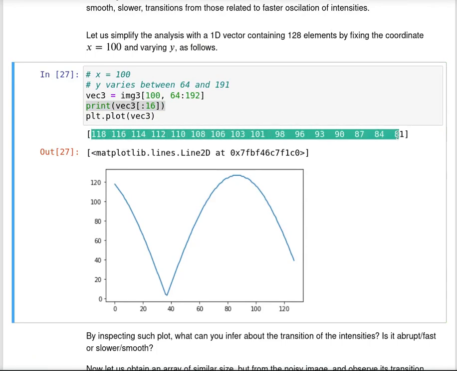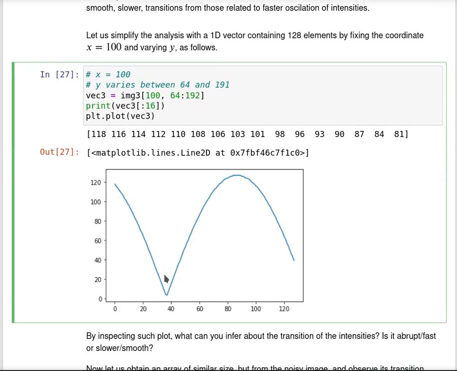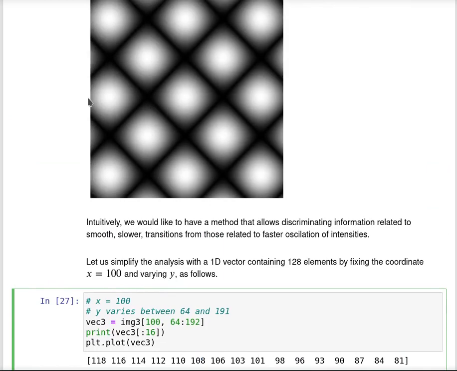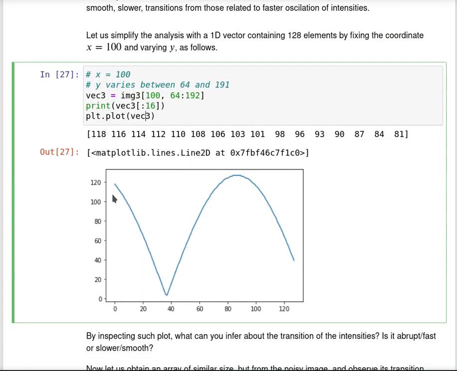And then when I plot this value, we can see that when I fix one line here and I observe the variation along this axis y, it starts to decrease, goes down to 0, and then increases up to 100 and something, and then it starts to decrease again.